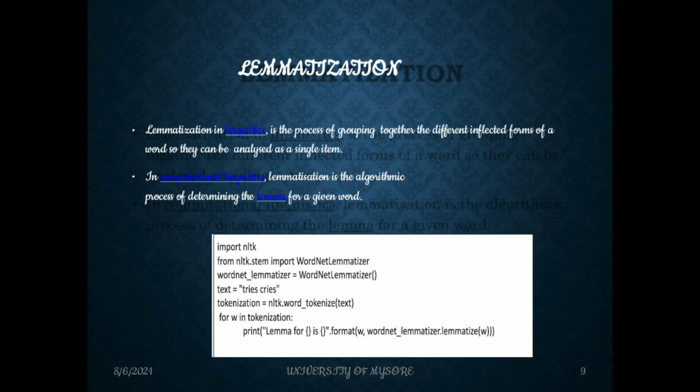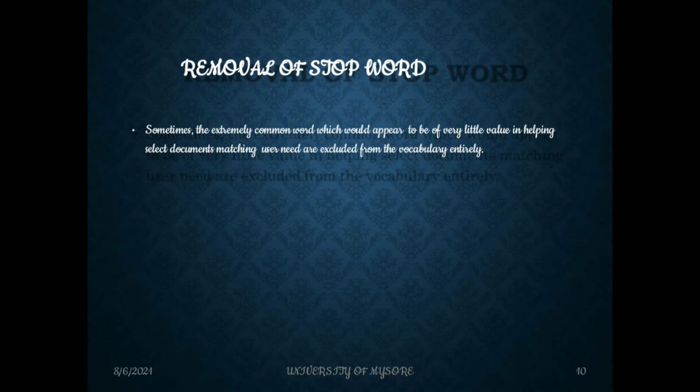You can see an example of lemmatization code. Removal of stop words. Sometimes extremely common words, which appear to be of very little value in helping select documents matching user needs, are excluded from the vocabulary entirely.